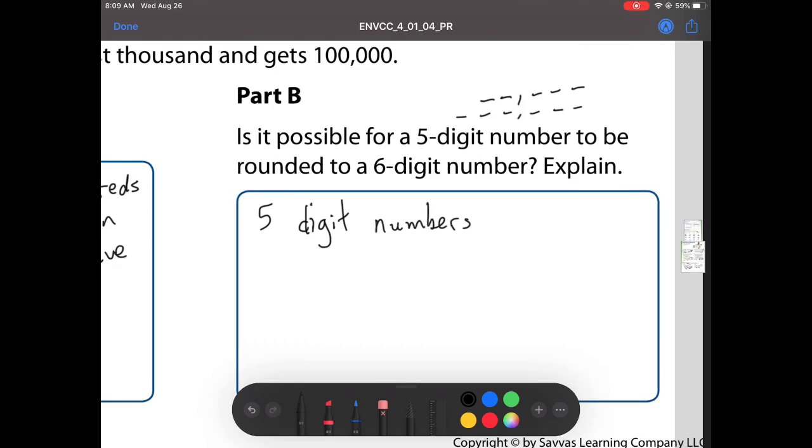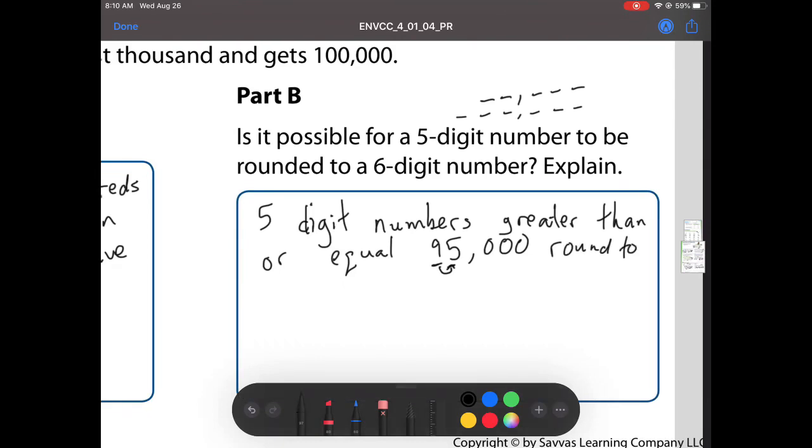5-digit numbers greater than or equal to 95,000, because we have that 9 in the 10,000 spot, and this 5 or bigger is going to make it round up. Round to 100,000 when rounding to the nearest 10,000.